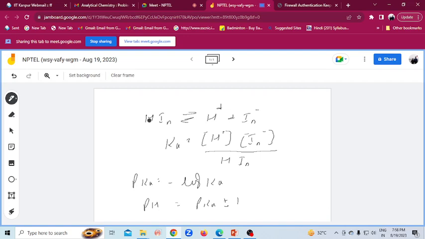So if we know the pK value, we can estimate at what pH this indicator will change. For phenolphthalein, it is given here as 6.8 to 8.4.